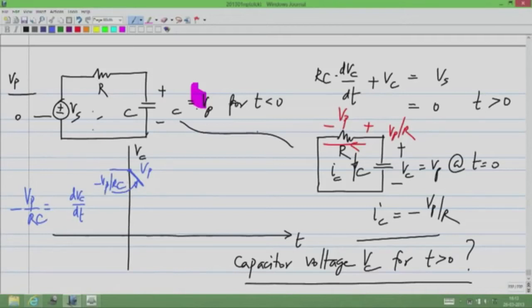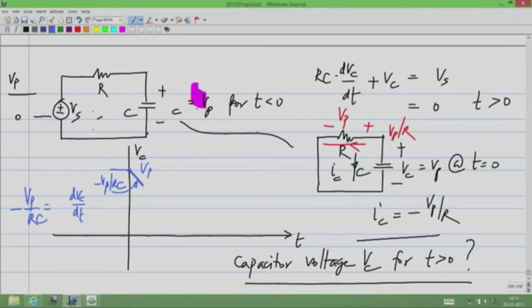There was a question here: after charging a capacitor to some voltage, can we use it as a voltage source? Yes, we can. In fact, it is used like that in some cases, but you have to remember that a capacitor is not a voltage source. As you draw current from it, its voltage is going to change, and after some point the voltage changes so much that you can't use it anymore.